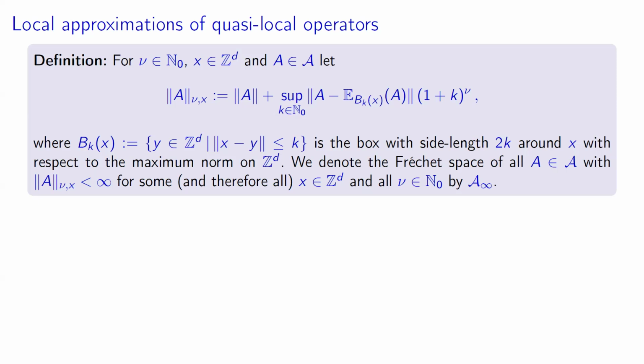Okay? So we restrict to a cube, I would still call it a ball around x of radius k, and see how well it approximates the original A. And what we do is we multiply this error we make by restricting A with (1 plus k) to the nu, and then we take the sup over all k here. Okay? This gives us an idea how fast this A decays away from the point x.